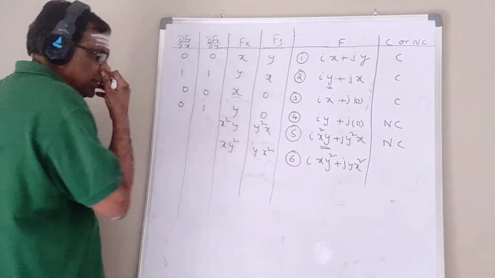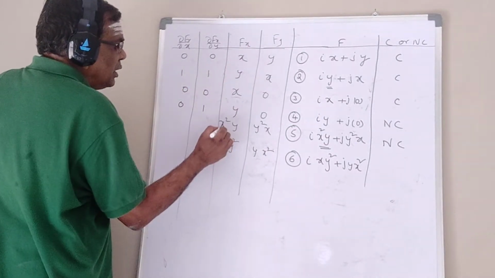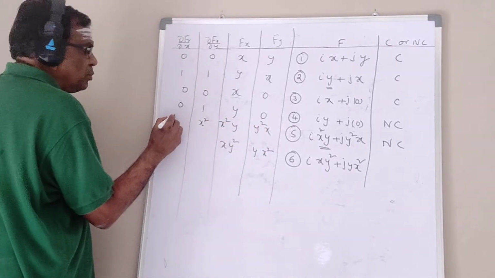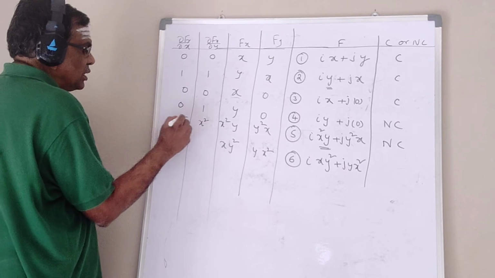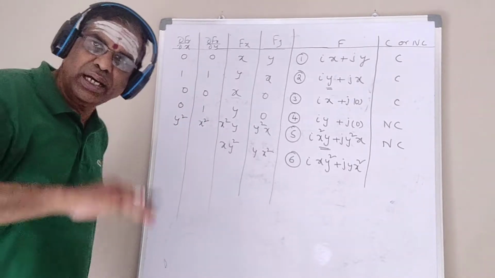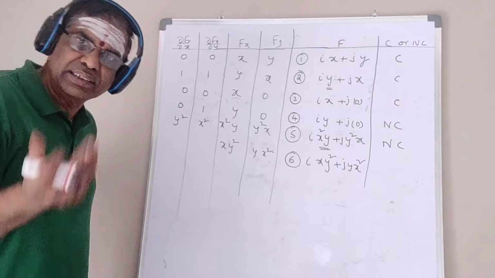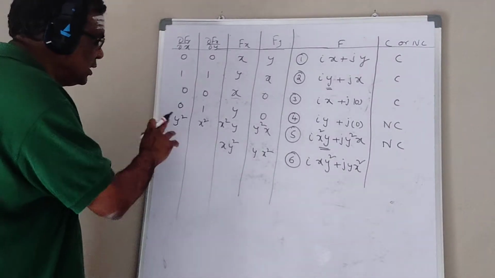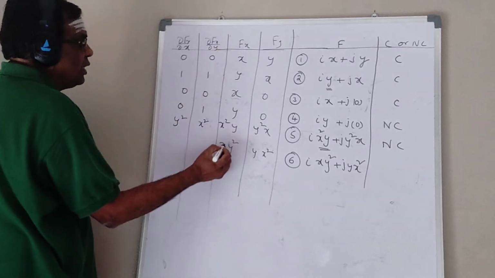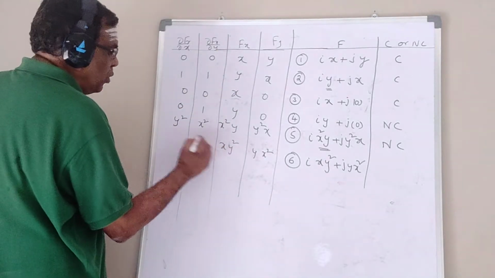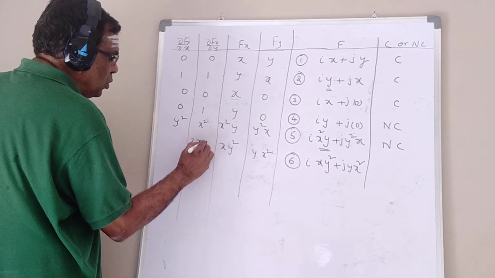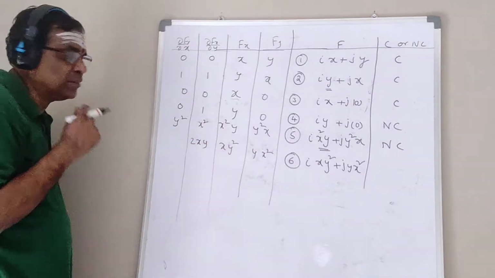Then what about this? This with respect to y gives x², and this with respect to x gives y². So these two are not equal. Where both are xy, both are x², both are x, it is okay, but this is not. Then let us see f_x = x y². What is ∂f_x/∂y? x is constant, y² gives 2y, so 2xy. Alright.